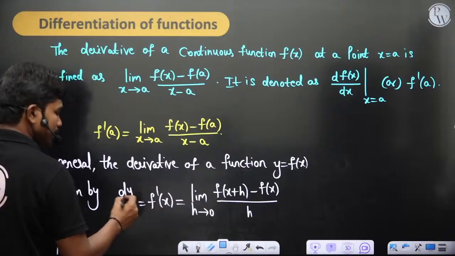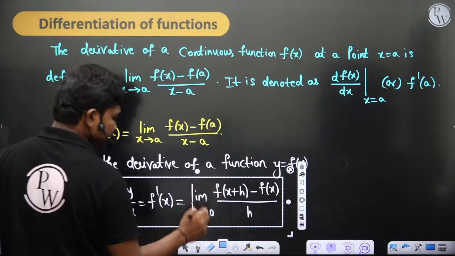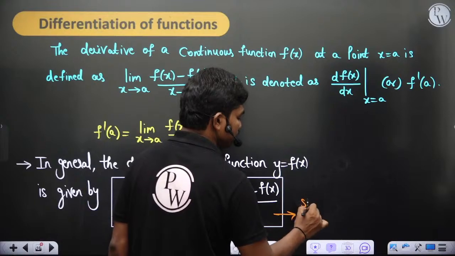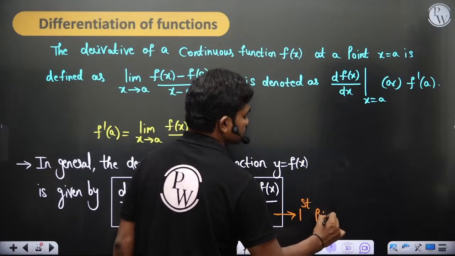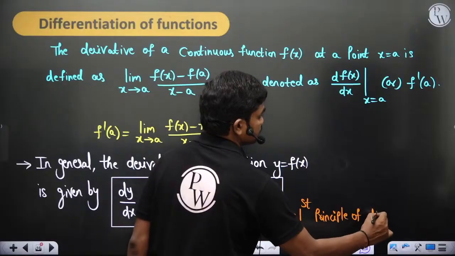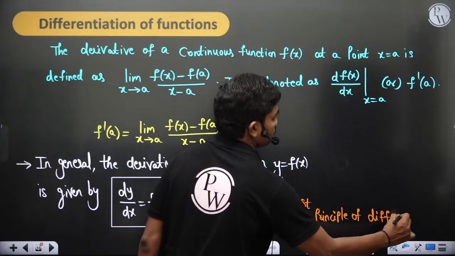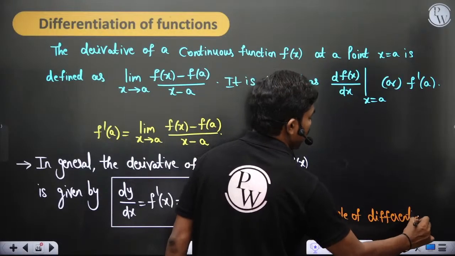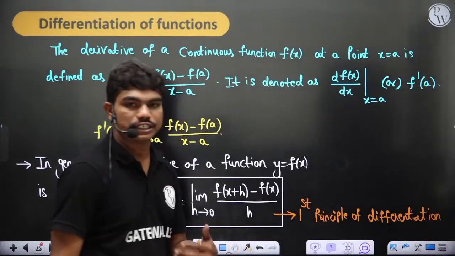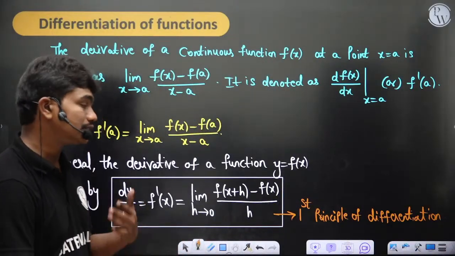Actually both these formulas are analogous, I'll show you. Okay, and this is called the first principle of differentiation, and using this you can calculate the differentiation or derivatives of any function which is differentiable, of course.